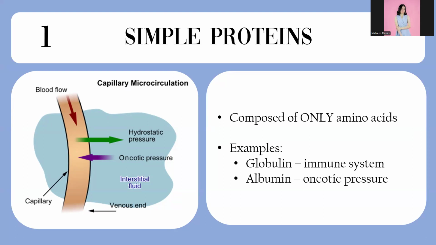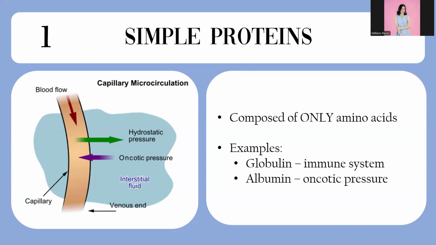So albumin is actually the most abundant circulating protein found in your plasma, in the blood. And it is again responsible for oncotic pressure. So what is oncotic pressure? Oncotic pressure is the pressure that keeps your blood within the blood vessels.